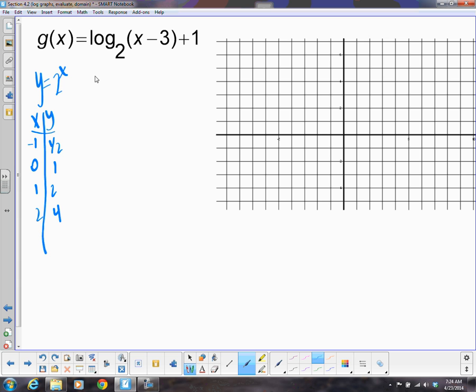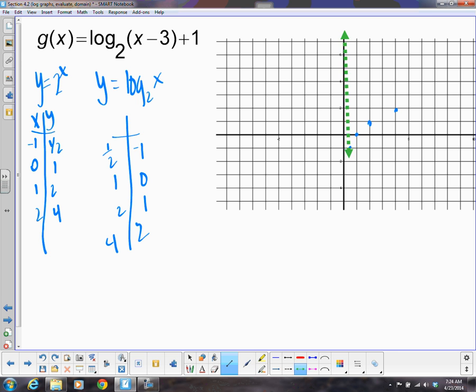So now we need the parent log, which is log base 2. To get the parent log, it's going to be 1 half, negative 1, 1, 0, 2, 1, and 4, 2. So over half down 1, over 1 up none, over 2 up 1, over 4 up 2. Asymptote right here.